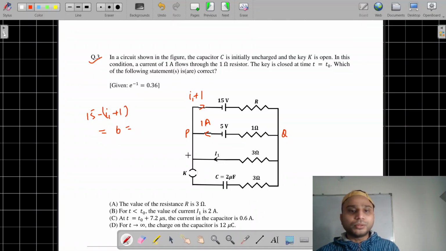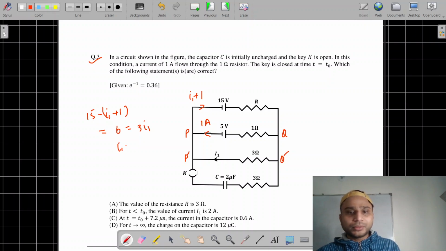This is also equal to the potential difference across points P dash and Q dash. As we are going from point P to Q, potential is rising, so its value is going to be 3 times I1.